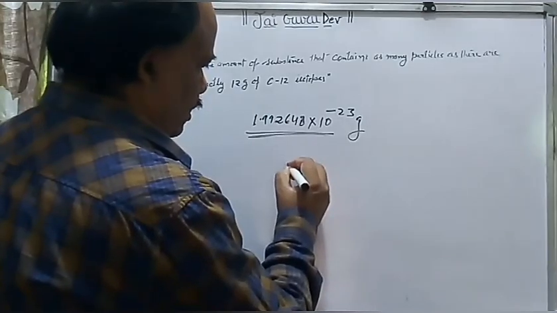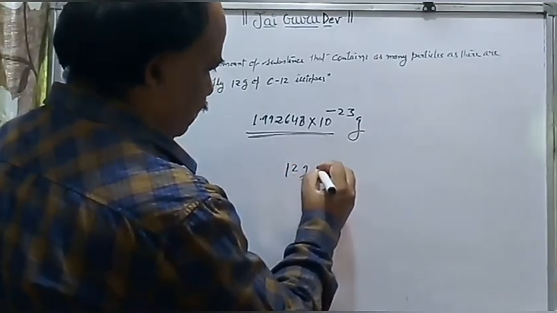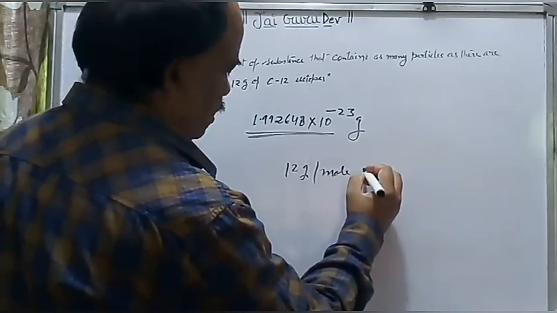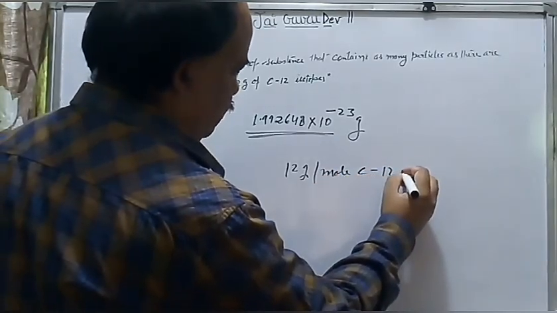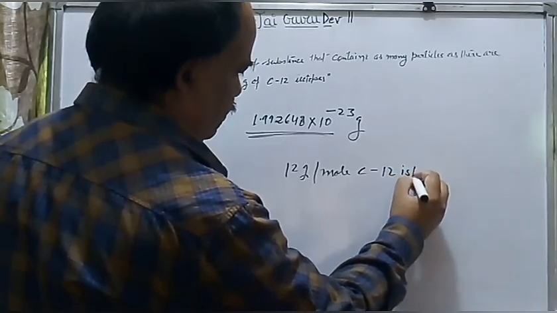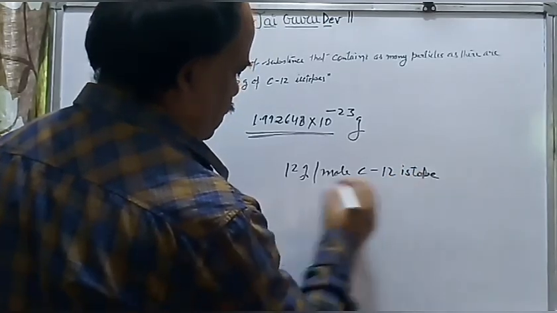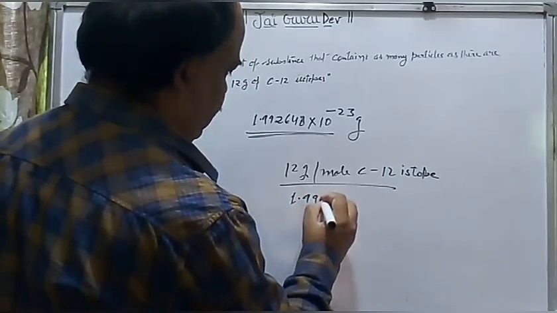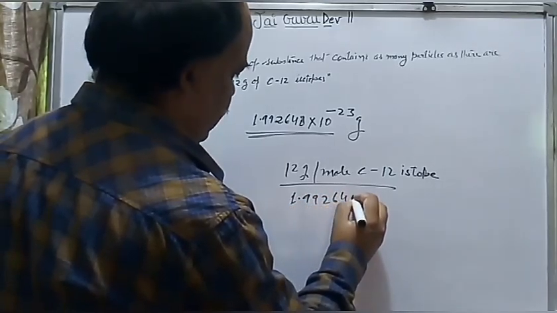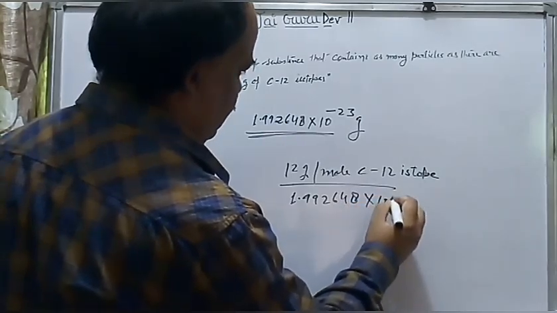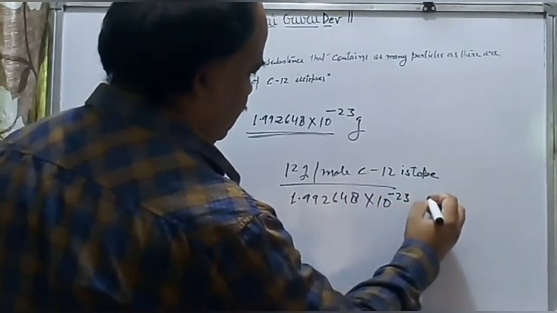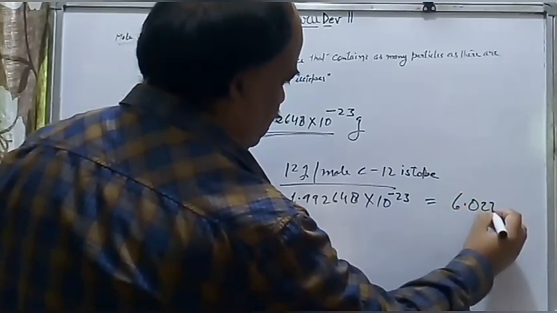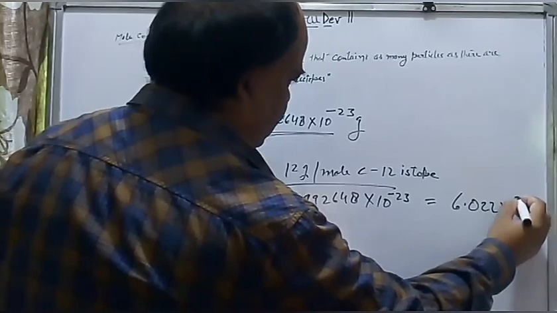Then 12 gram per mole of C12 isotope equals 1 upon 1.992648 into 10 to the power minus 23, which is equal to 6.022 into 10 to the power 23.